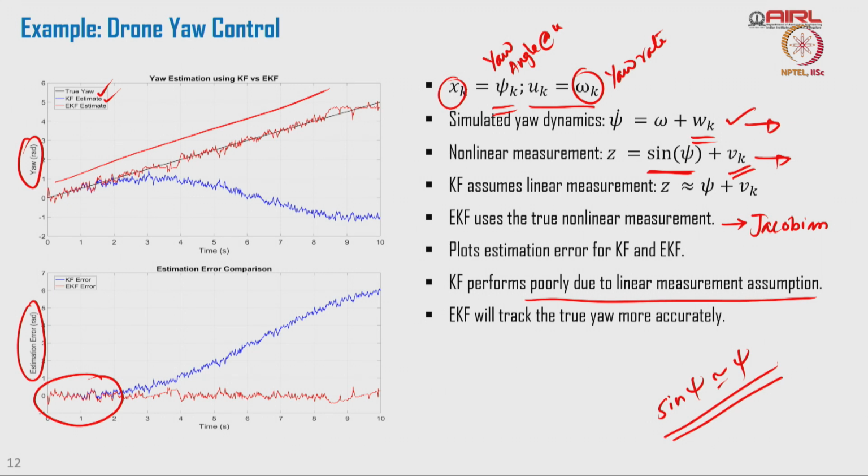That is why you can see that the mean of the error is almost 0, which is not the case for Kalman filter. It has huge error. This particular example shows that when it is a nonlinear model, extended Kalman filter handles the nonlinearity in a better way, which Kalman filter cannot do, and that is evident in the simulation results.